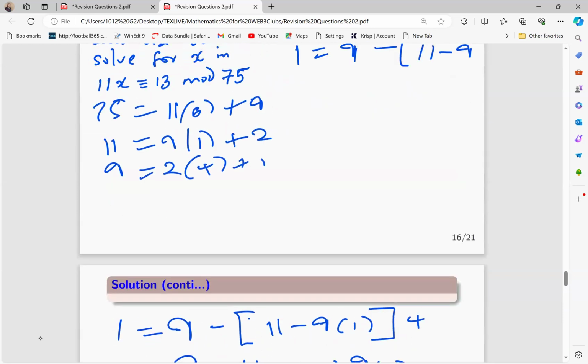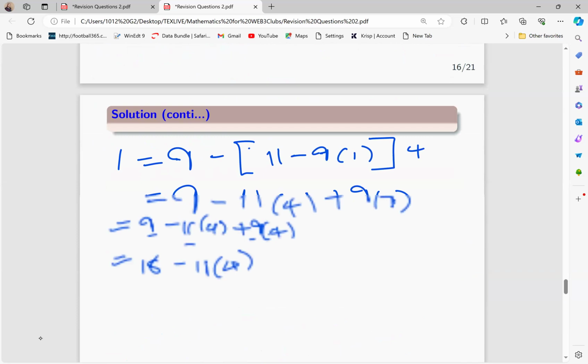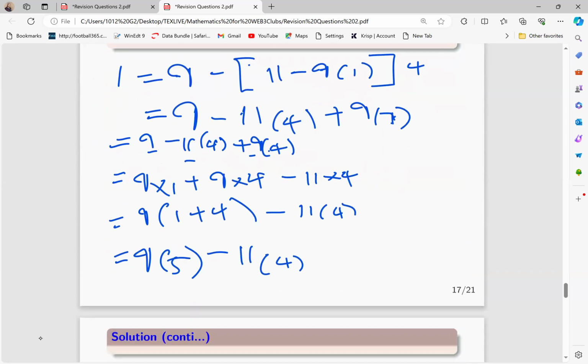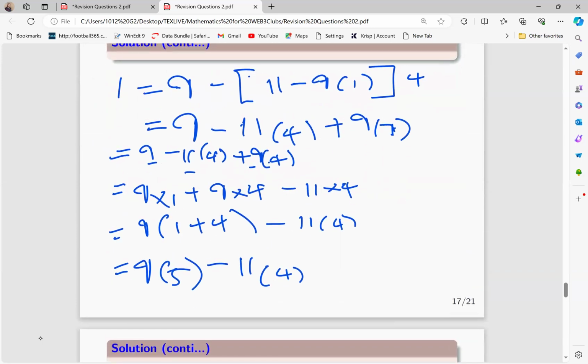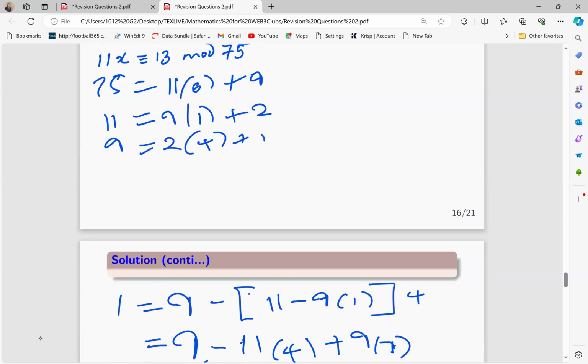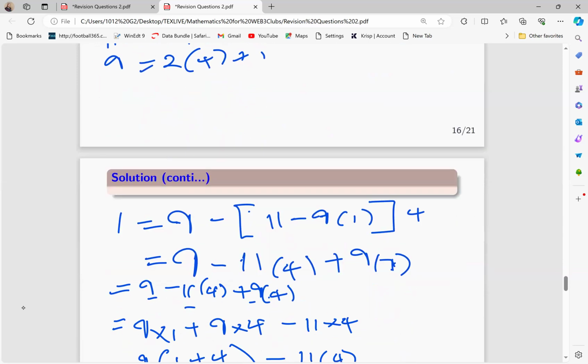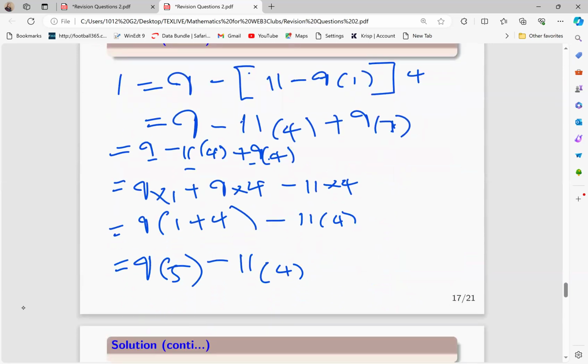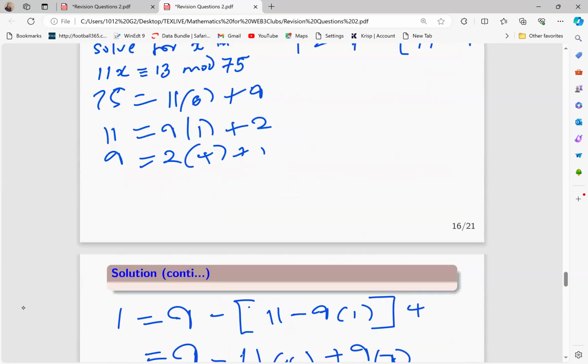How many remainders have we replaced so far? It began by making 1 the subject of the formula, and then we replaced the 2. We are at 9. Now you replace 9. So what's the equivalent of 9? 75. Yes.